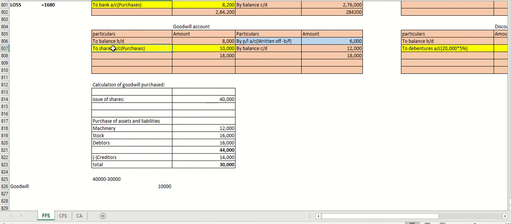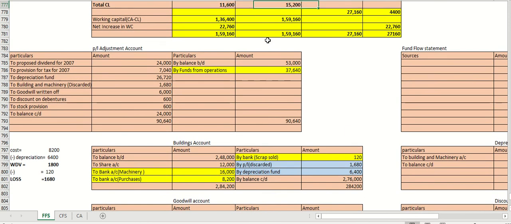So to shares account purchases, which will account it as 10,000, which is goodwill. So the balancing figure by profit and loss account, goodwill written off, which will be shown up in your profit and loss adjustment account.